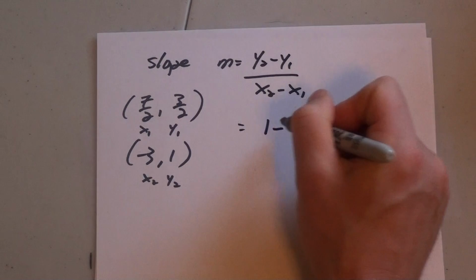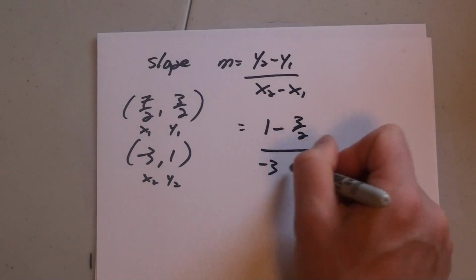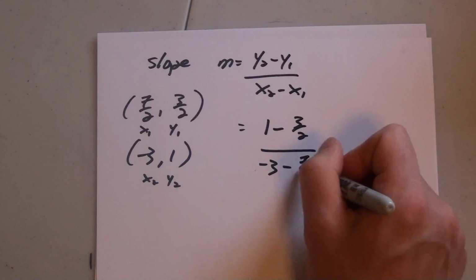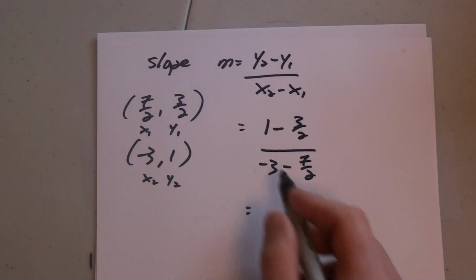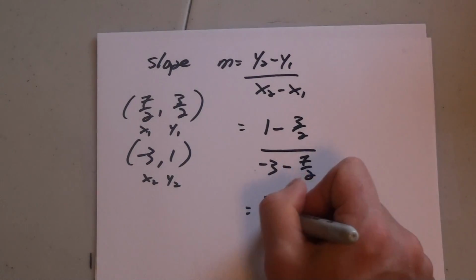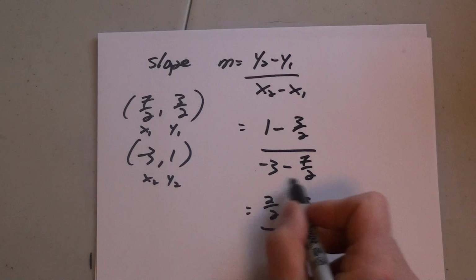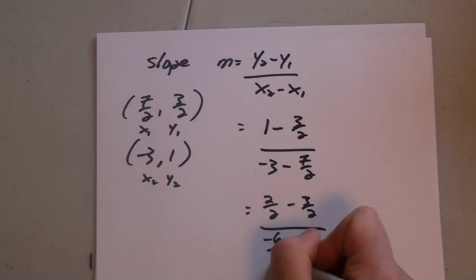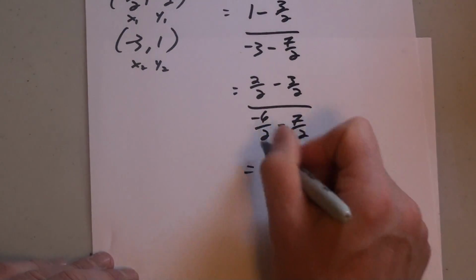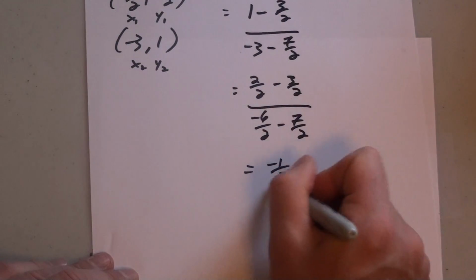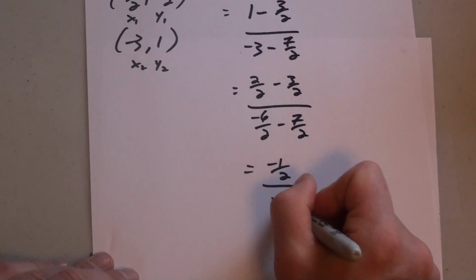I'm going to have 1 minus 3 over 2, over negative 3 minus 7 over 2. I'm going to work with fractions, so I need a common denominator. Turn the 1 into 2 over 2 minus 3 over 2, and for the bottom, negative 6 over 2 minus 7 over 2. When I subtract, that gives me negative 1/2 divided by negative 13 over 2.